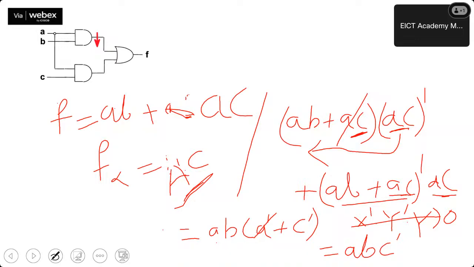Please type in the chat box. What is the meaning of ABC dash? 110. Very good. In case of minterms, this becomes 110, right? So 110, by definition of what we were discussing, the Boolean difference method, T is the set.